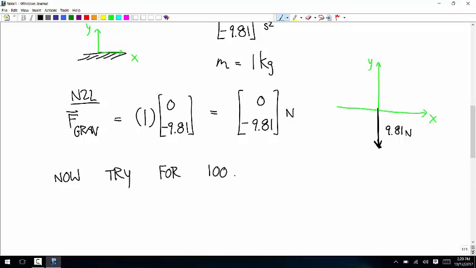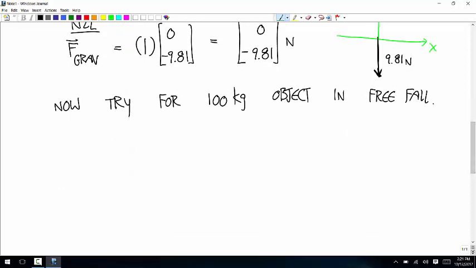So let's say a 100 kilogram object in free fall. Newton's second law for this one says the force of gravity is equal to the mass of 100 times this object's acceleration in free fall, which is going to be the same as the other object, 0, negative 9.81.